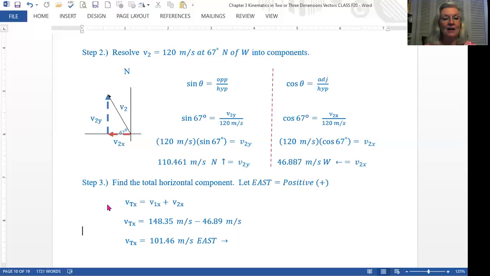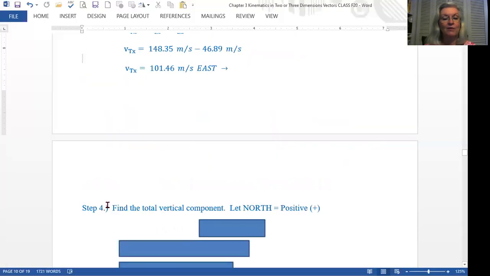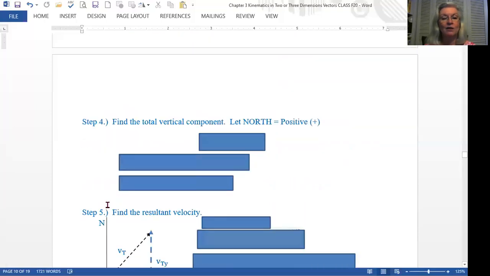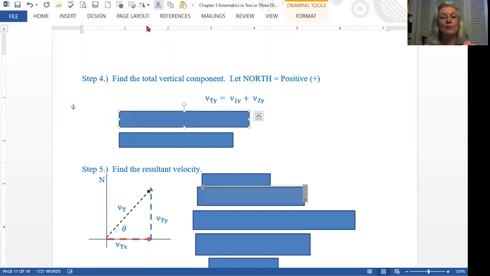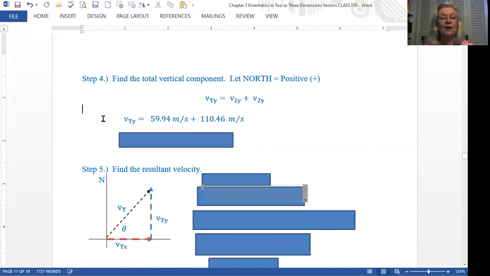All right. We found V total in the x direction. We need to find V total in the y direction. So V total y is V1y plus V2y. The vertical, I had to pick a direction for positive. I picked north. Partly that was because they both went north.